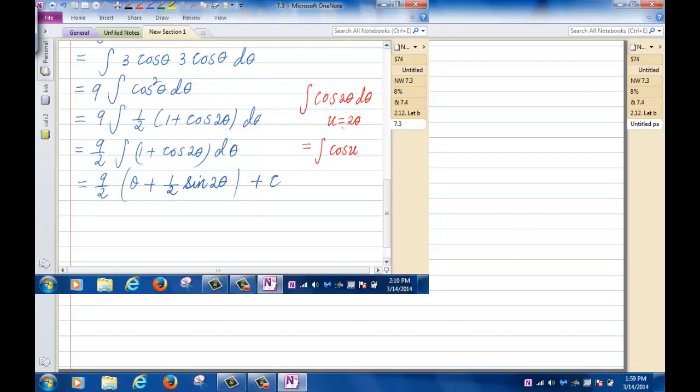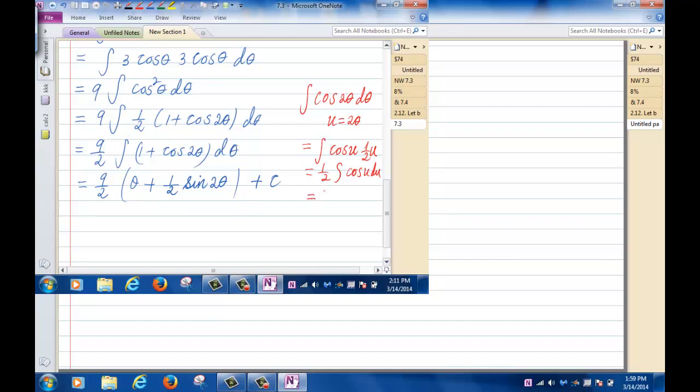Du is 2 d theta, right? But then d theta is half du. So you get a half du when you make that substitution, and then that half will go out of the integral. You get cosine of u du, right? And then that's cosine of 2 theta. Sine of 2 theta. Okay.